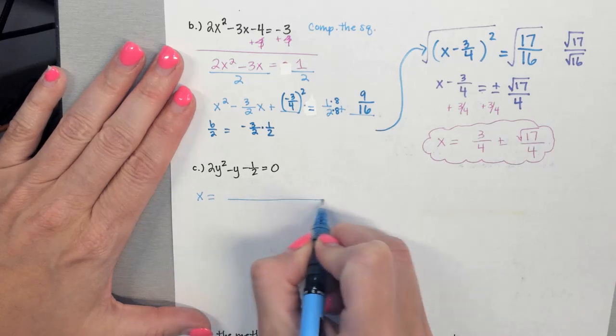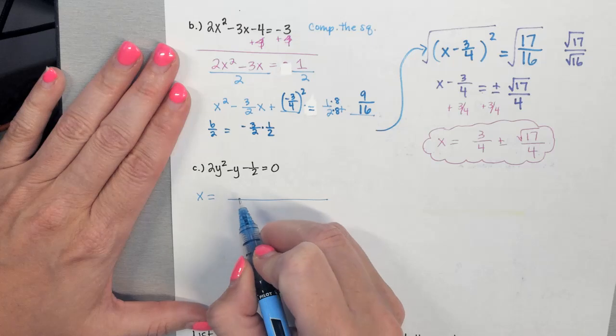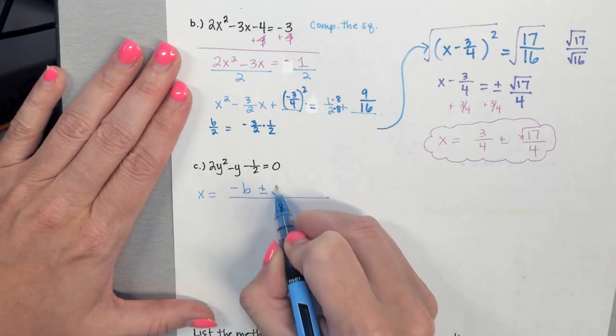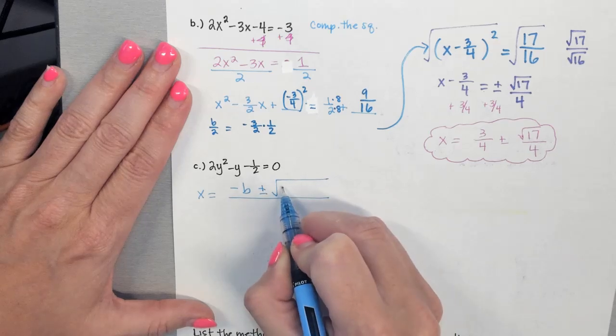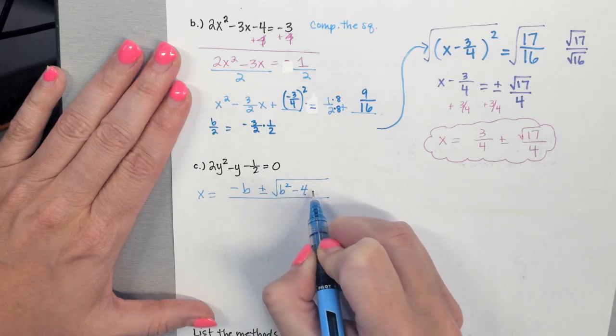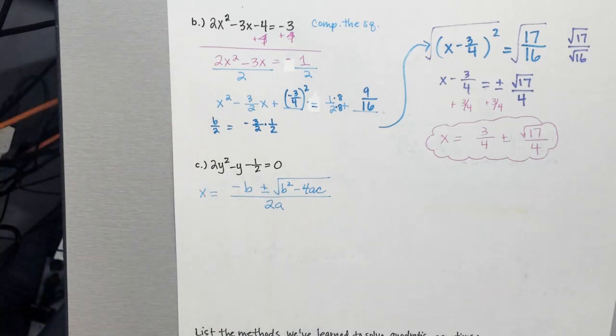What's the first part? Opposite of b, yep, or minus b. Then it's b squared minus 4ac, yep, divided by 2a. There we go. Teamwork makes the dream work.